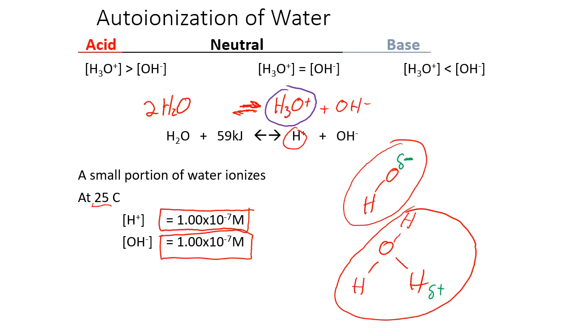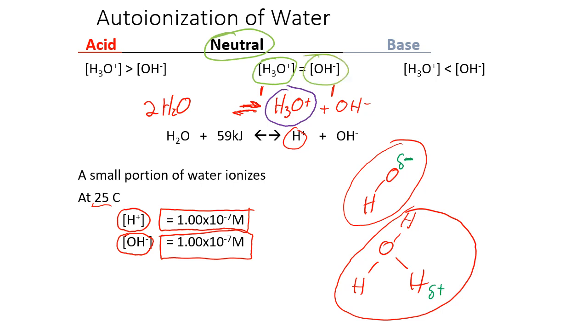And since this is a 1-to-1 ratio, the hydronium or hydrogen ion concentration will always be the same as the hydroxide concentration. And that's what makes water neutral. The reason why water is neutral is because the hydronium is equal to the hydroxide.